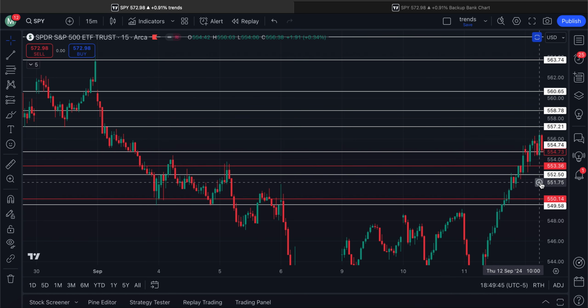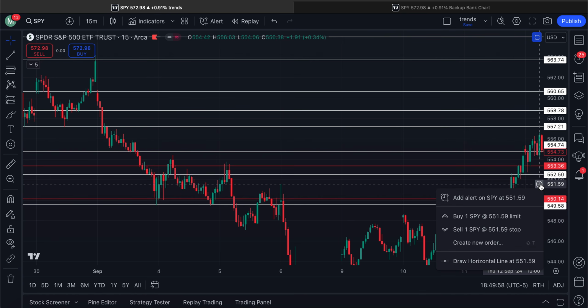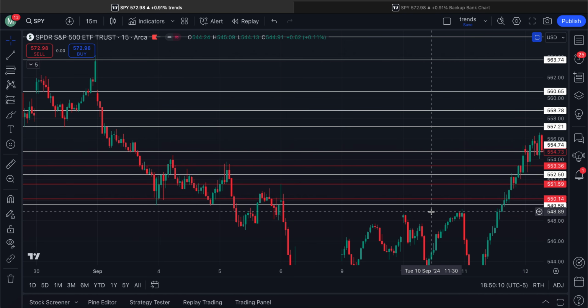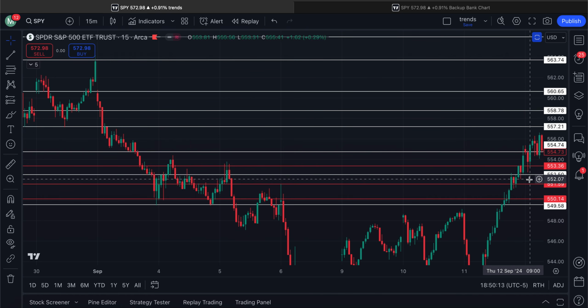And our supply below 552.50 is 551.19. In these cases, to have an idea that we're going to continue seeing momentum towards the upside, we see right here we cannot close underneath the supply zone on the 15 minute, and the wicks are only testing the FVG area from the last staircase.